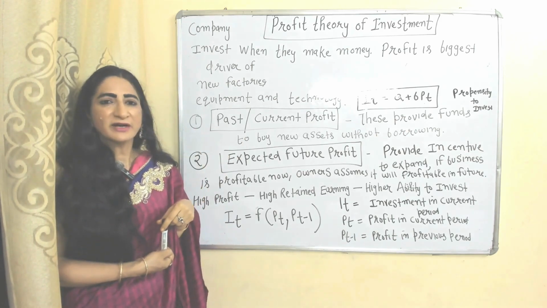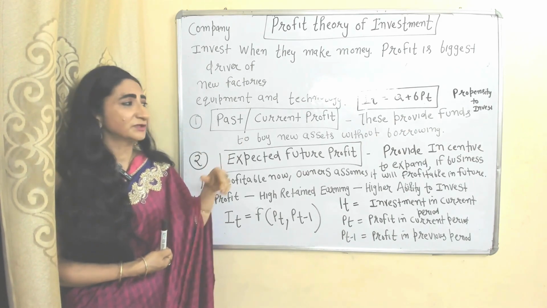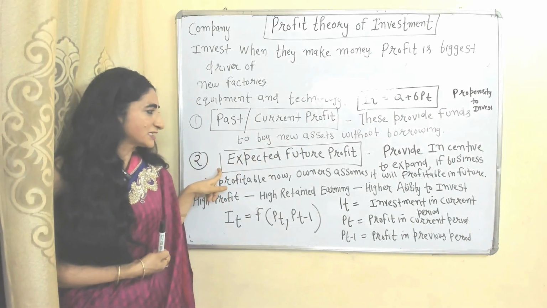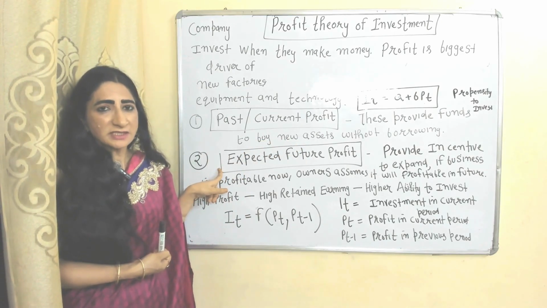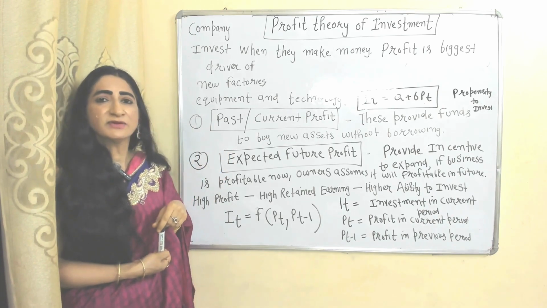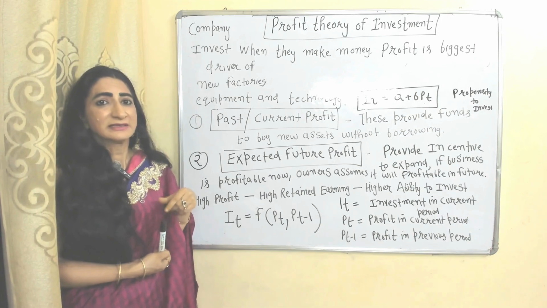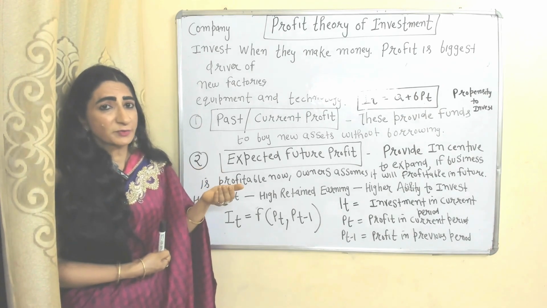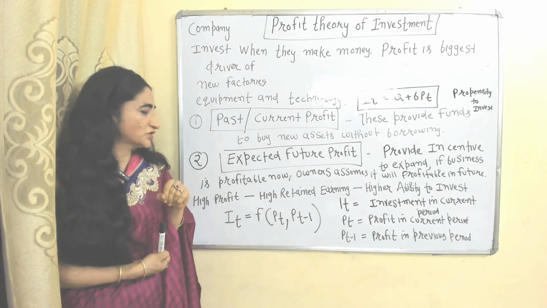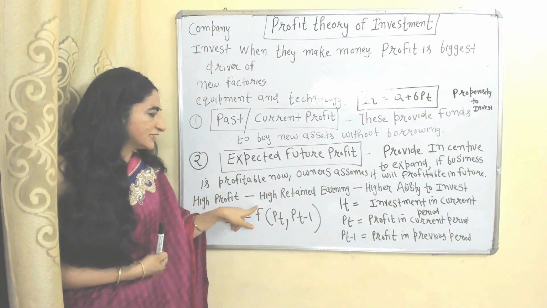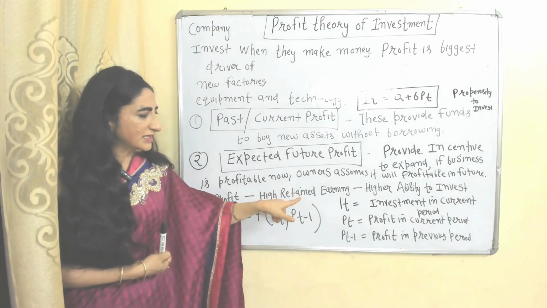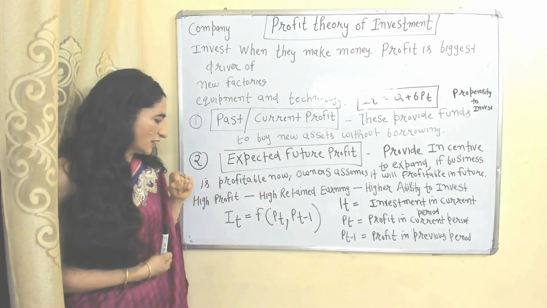This profit provides a fund to buy new assets without borrowing money. Expected future profit. This provides an incentive to expand. If businesses are currently more profitable, that means their expectation about profit will be high. Eventually they will invest more. High profit leads to high retained earnings. High retained earnings lead to high ability to invest.